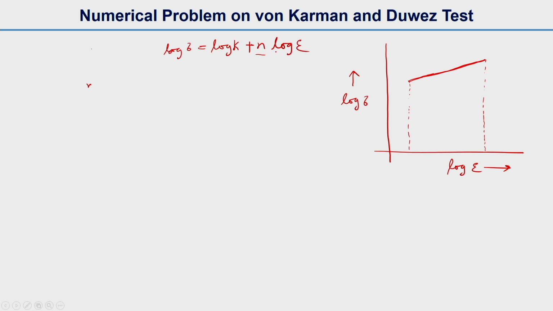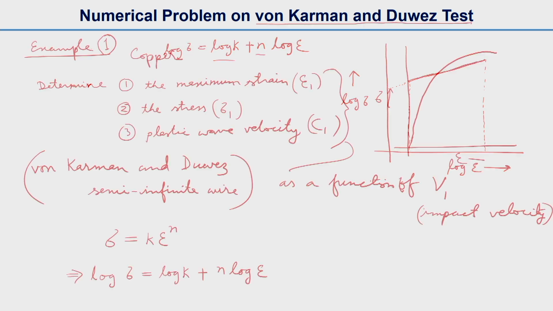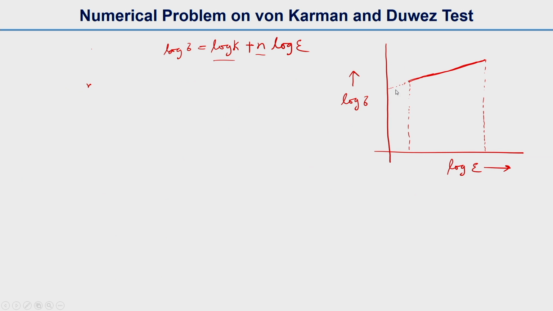So n is the slope and this part is the intercept here. We need to get the properties also, although I did not mention that in the earlier slide. Because we know the stress strain curve, we can get the properties.